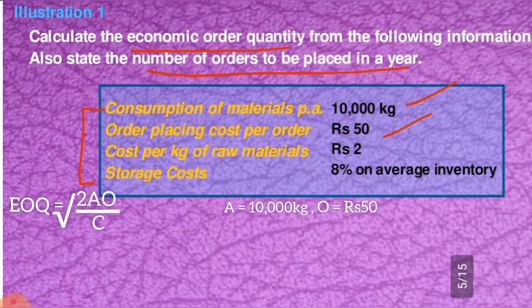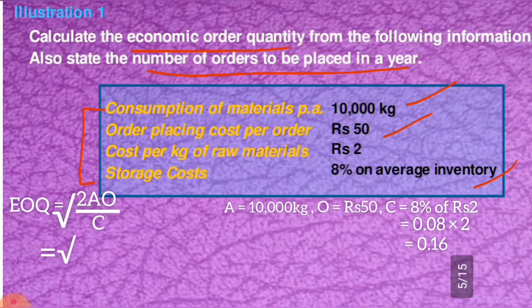And storage cost 8% on average inventory, that is C. Carrying cost is not given directly, but here is some hint, right? 8% on average inventory. Average inventory is rupees 2, right? So 8% of 2 is 0.16.